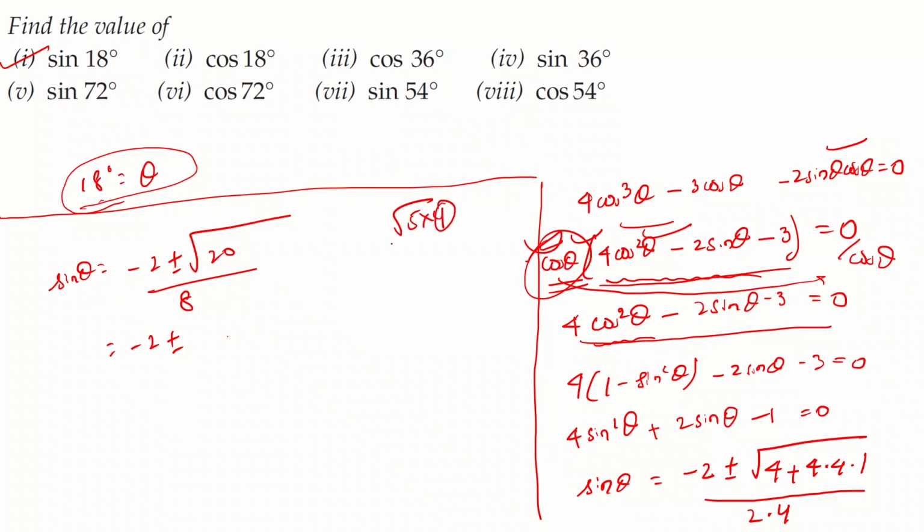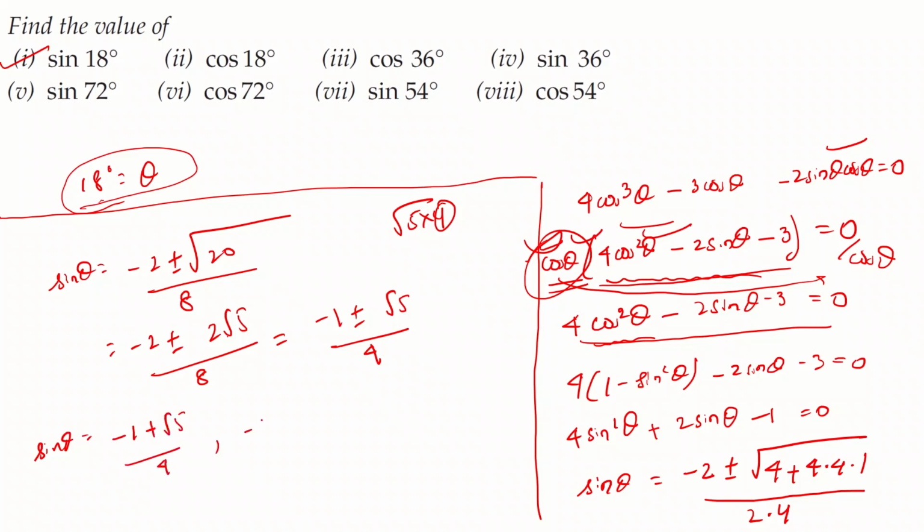Root 4 is 2, so we can write this as 2 root 5 divided by 8, and 2 we can cancel out, so minus 1 plus minus root 5 divided by 4. So we get two values for sine theta. The first value is minus 1 plus root 5 by 4, and the other one is minus 1 minus root 5 by 4.